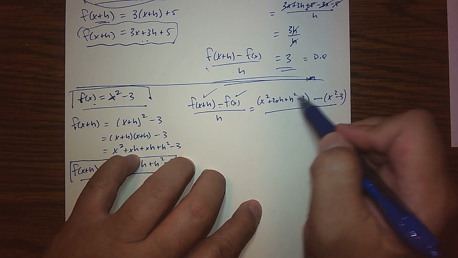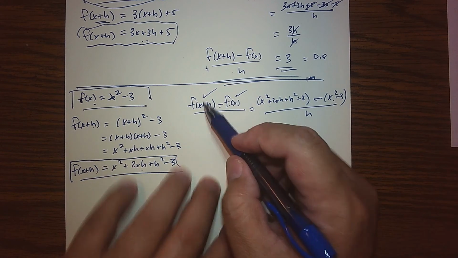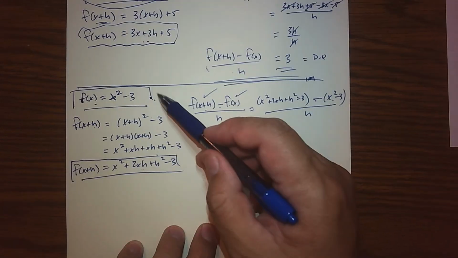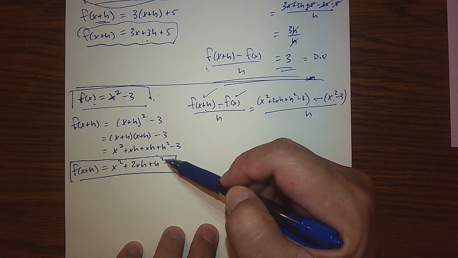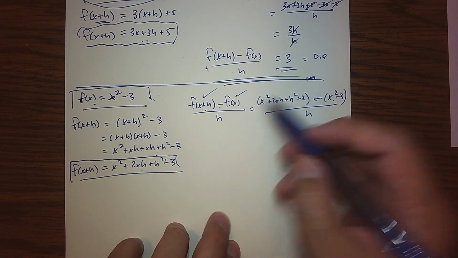So f of x plus h minus f of x. I'm just replacing what these two are. f of x was given, f of x plus h we had to find by inputting x plus h. And then we clean it up.